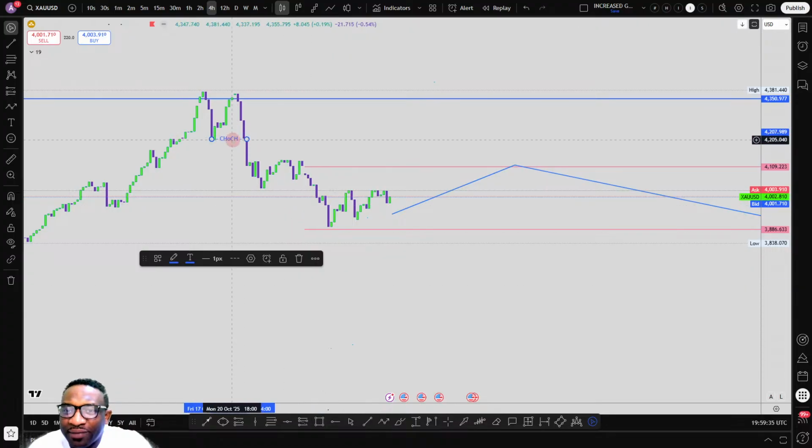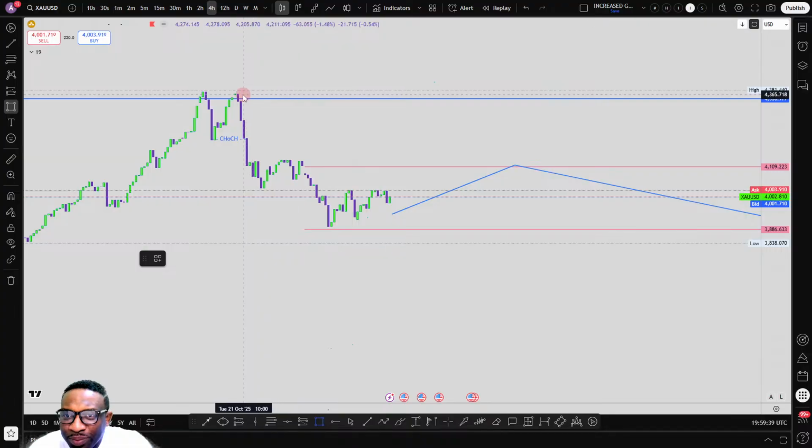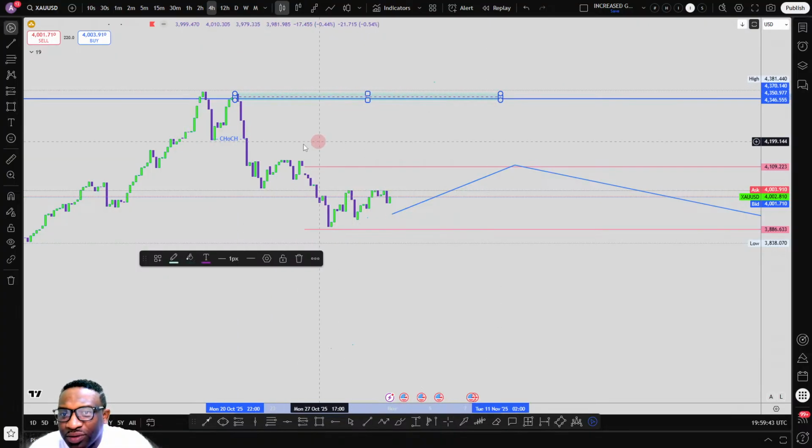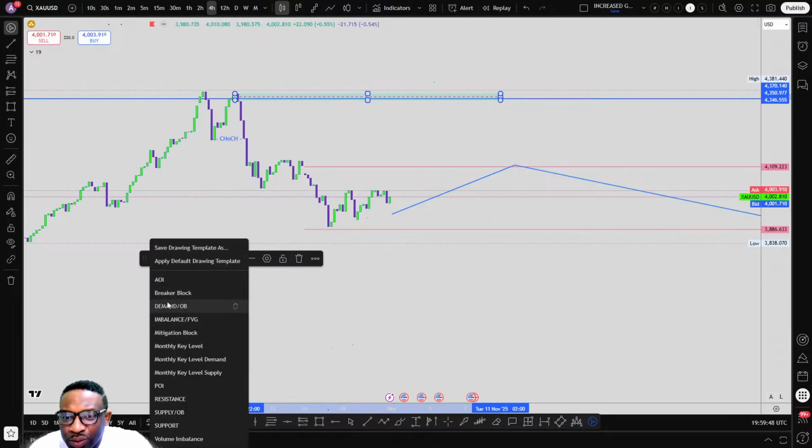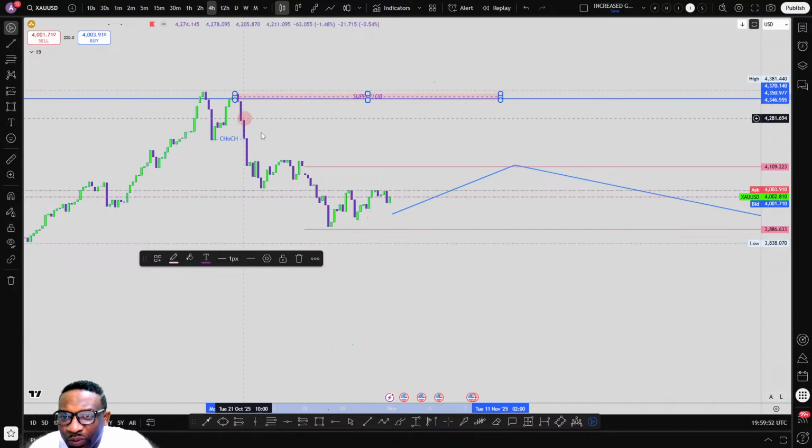If we have a break here, our typical zone should be somewhere here. And then we can see we are in the zone.